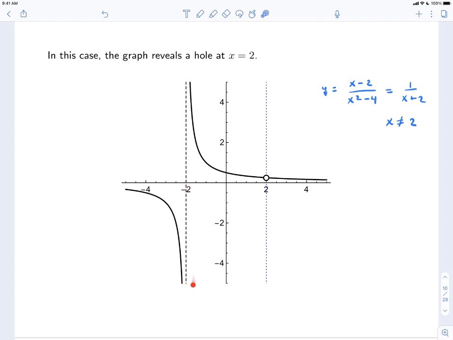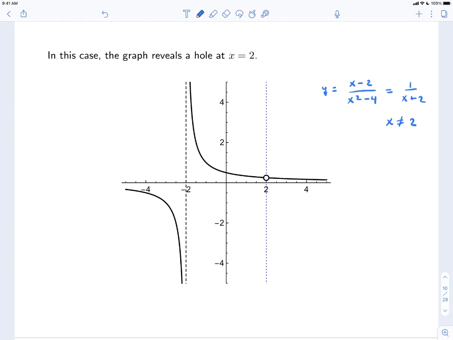There's no way to remove that. And you can see that as x approaches negative 2 from the right, you get something infinitely large, and as x approaches negative 2 from the left, you get something which is arbitrarily large in the negative direction. It decreases without bound as x approaches negative 2 from the left.